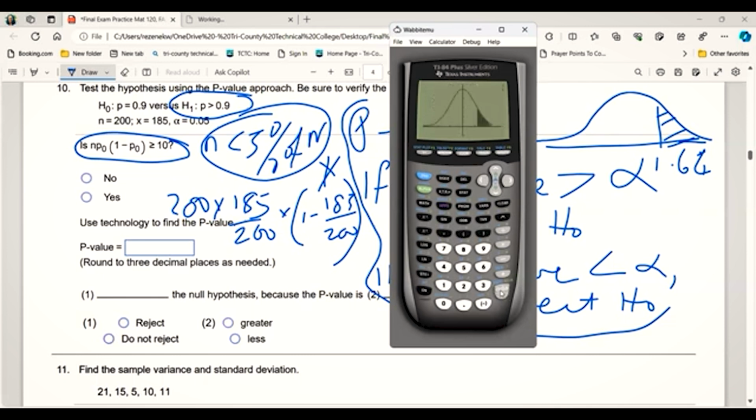Now I want to draw again. The shading didn't cover all of it. The p-value is 11.93%. The p-value is greater than alpha. Actually, the z-value falls into the acceptance region, 1.17. 1.178 is inside the acceptance region.